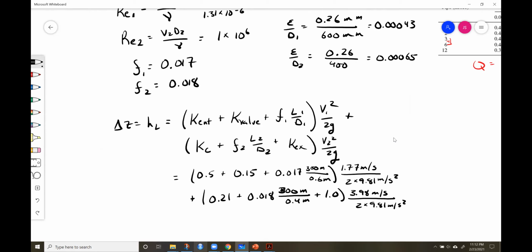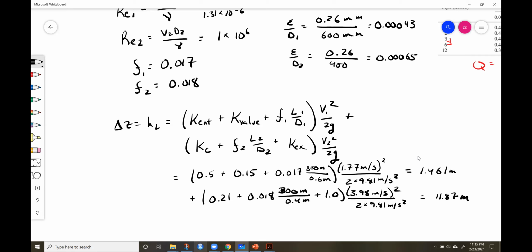So we'll do all this math, we'll add everything together. All right, and so we'll just calculate these out individually. Note that I forgot to square the velocity terms. So good catch, whoever saw that. Don't forget to square velocity.